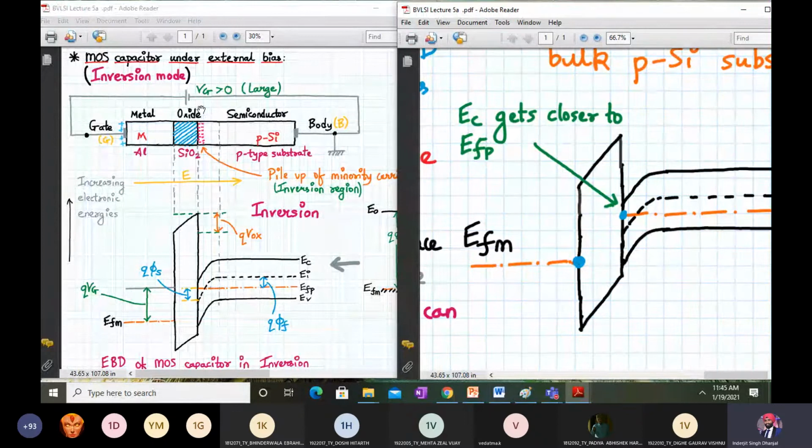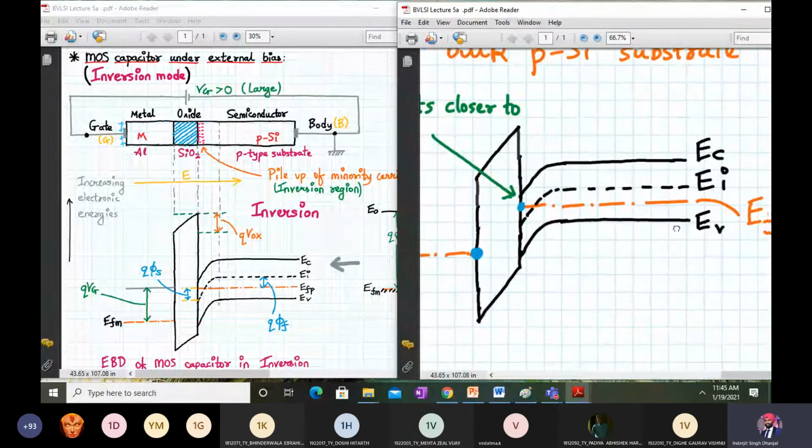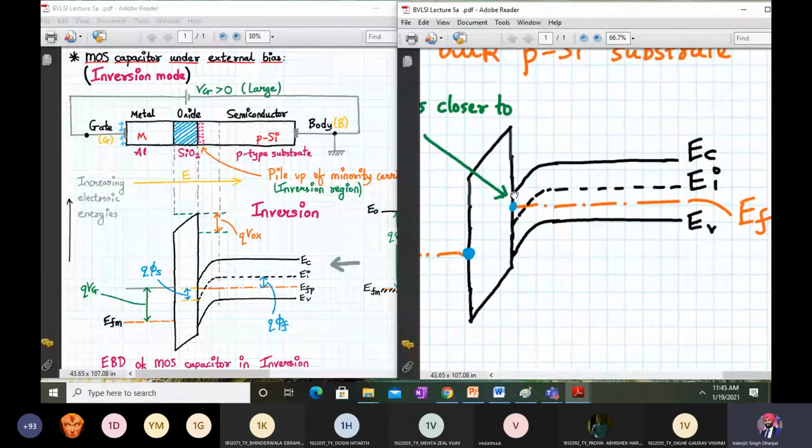So if the electron concentration has increased, that can happen only if EFP has moved closer to EC. That is exactly what is happening here. You see EV, that is the valence band, is away from EFP, and near the bulk, it is closer. So in the bulk it is p-type silicon, but as we go closer to your SiSiO2 interface, your conduction band is near it, as you can clearly see.